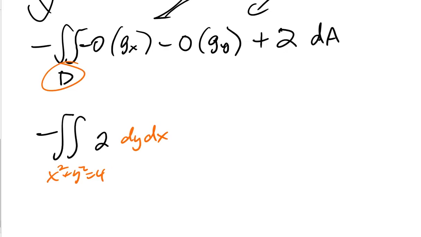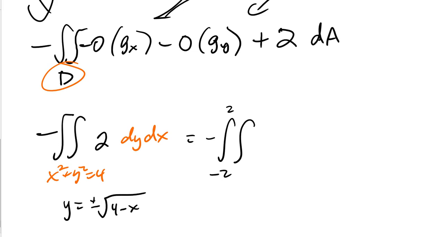Now on the test, I had several people write this double integral, and they would say x goes from -2 to 2, and it looks like y would go from negative square root of 4 minus x squared to positive square root of 4 minus x squared, and then 2 dy dx.